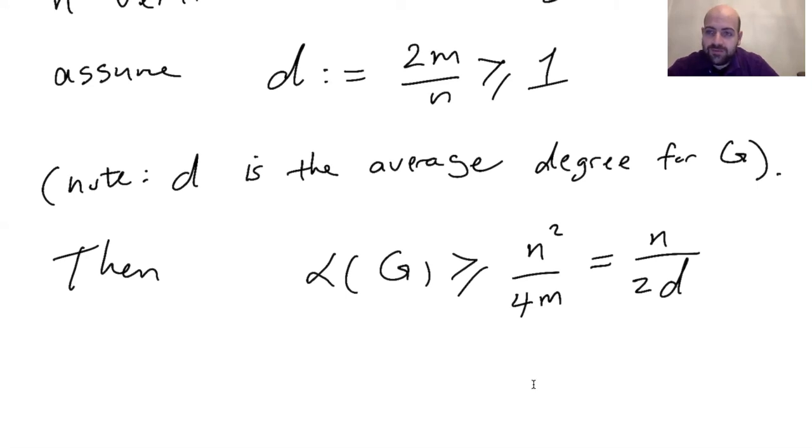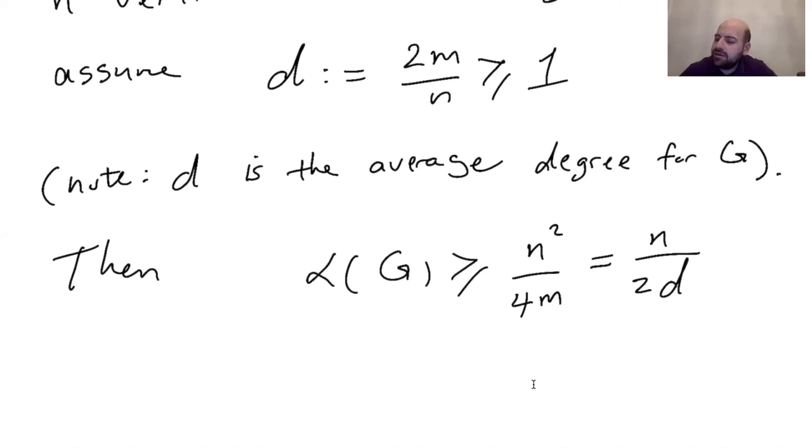So if we fix n and increase m, we expect the independence number to decrease. That's why m appears in the denominator in the lower bound for the independence number. Okay, so this is one remark that I want you to notice before we prove the theorem.